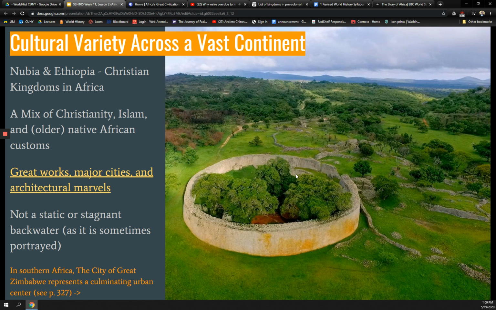But the point is that Africa is not a static or stagnant or backwater as it's sometimes portrayed today. It is a vibrant place with lots of people interacting with each other, changing over time. And this great city of Great Zimbabwe represents this culminating urban center.